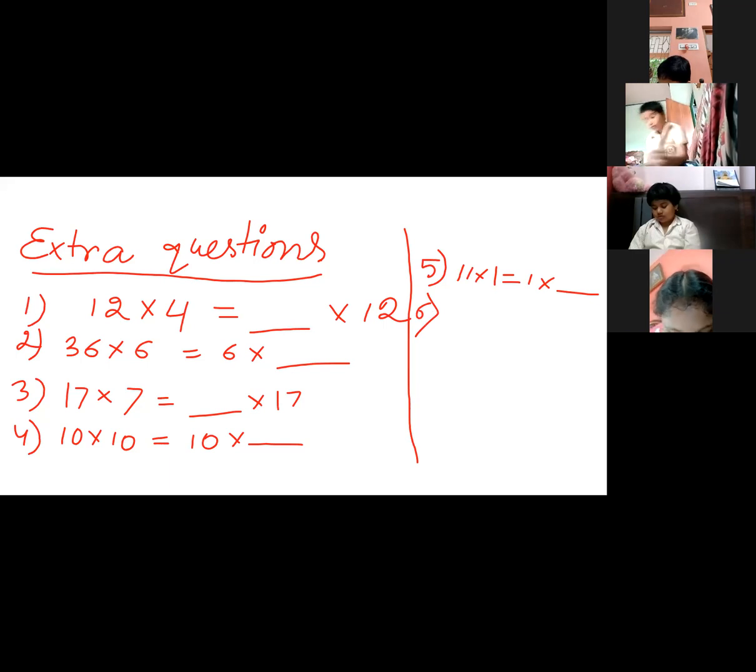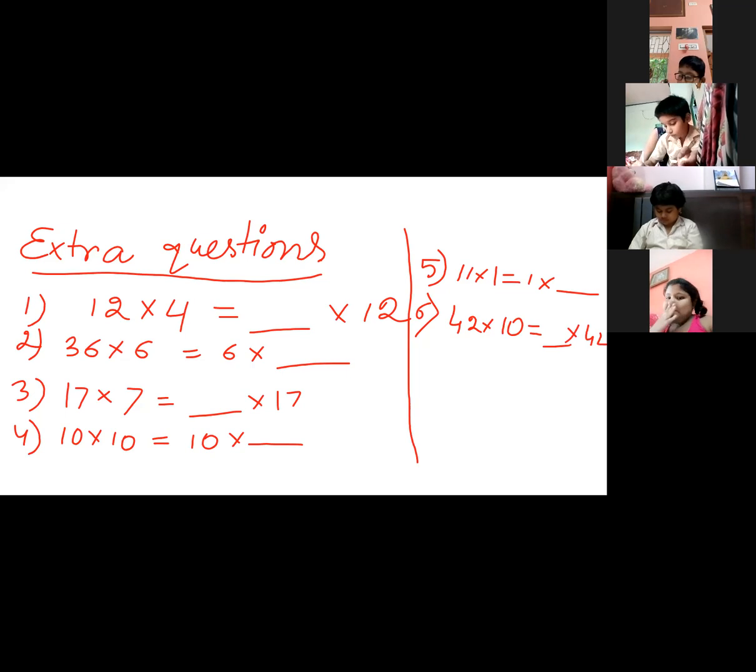Now seventh one. 42 into 10 is equal to dash into 42.